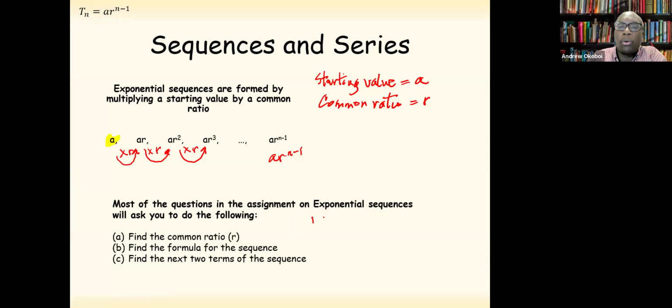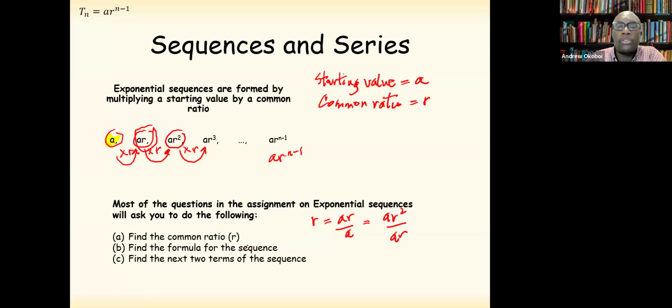R will always equal AR divided by A, or AR squared divided by AR, which also gives you R. So that's how we get the common ratio.